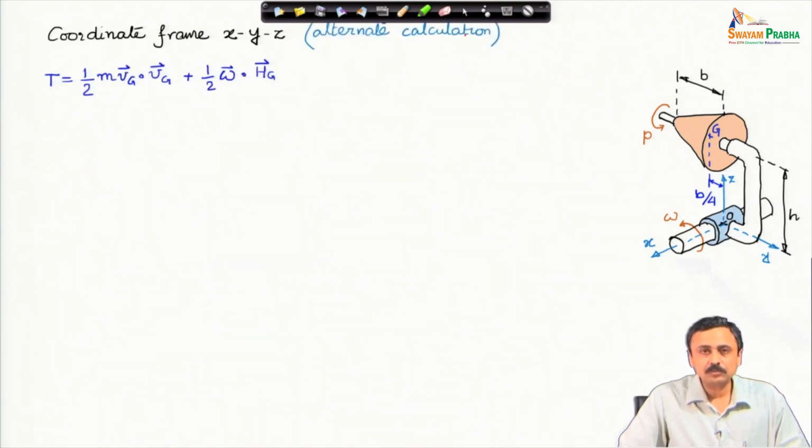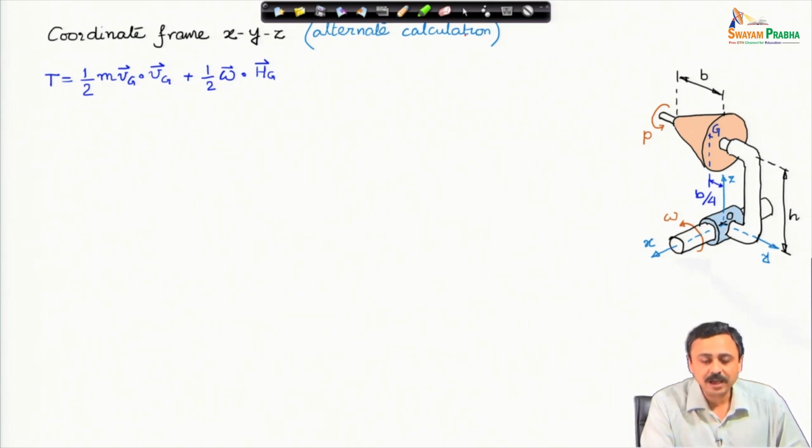Let us try to redo this kinetic energy calculation in a more direct way. We know that kinetic energy of the cone is kinetic energy of translation of the center of mass plus the kinetic energy of rotation about the center of mass. Let us follow this approach. Vg we have calculated in the previous step, Hg also we have calculated in the previous step.